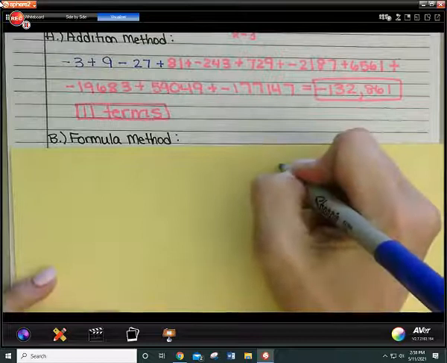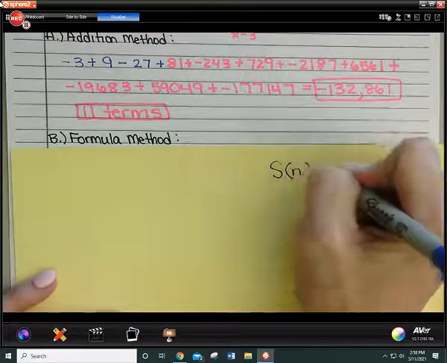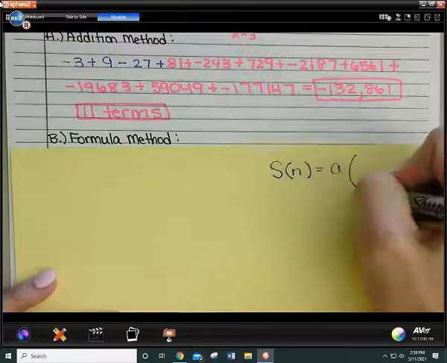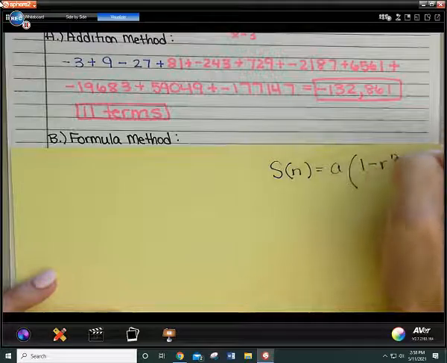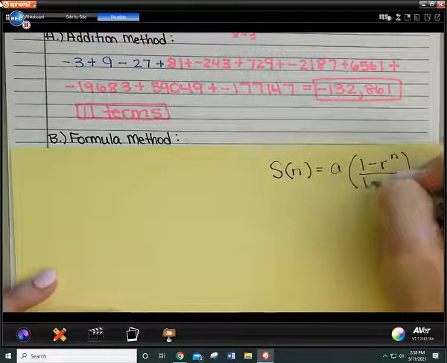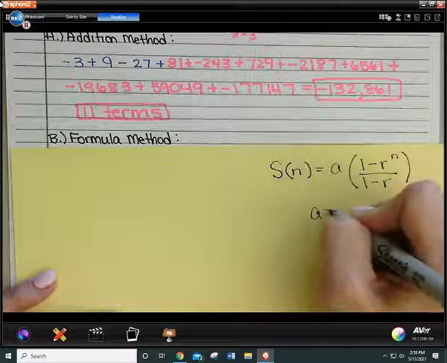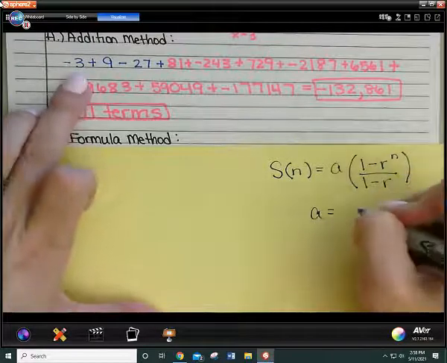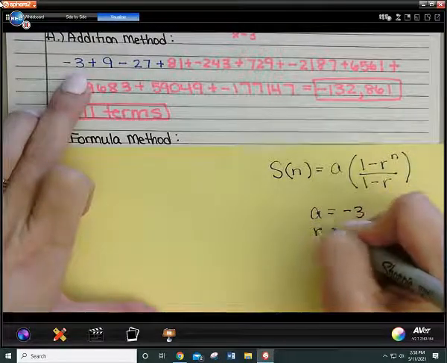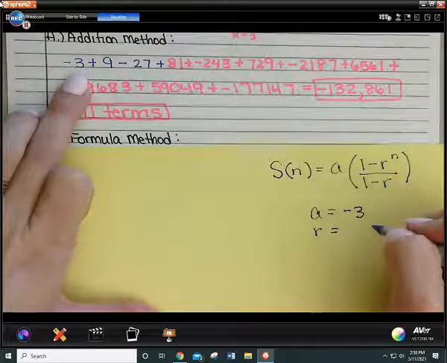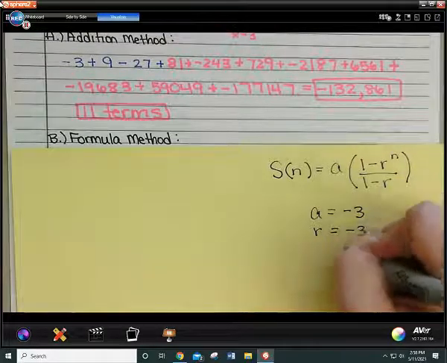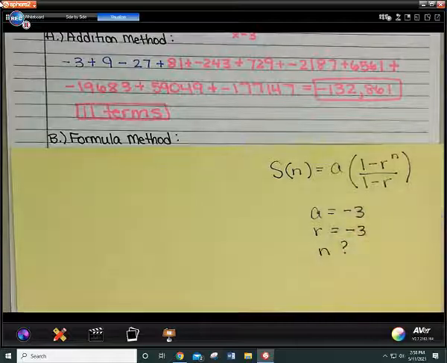So remember, for our formula, S of n, we need to know a, we need to know r, n. So we already know that the a is -3. We already know that the r is also -3. We just don't know what the n is.